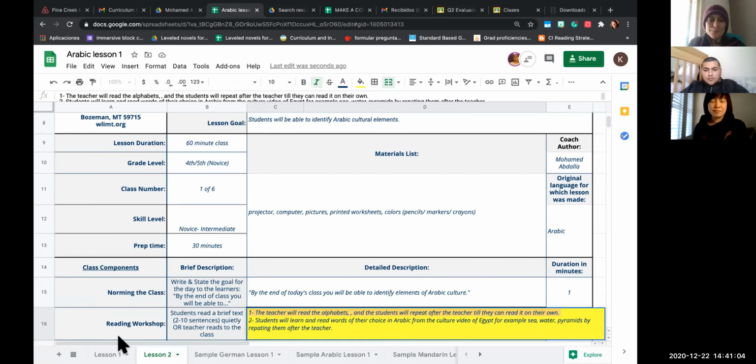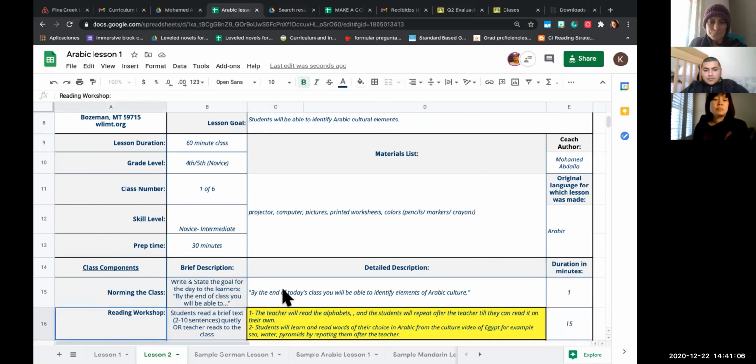This part here, reading workshop, is where we're suggesting and hoping that every lesson will have a tiny bit of reading in it. But in this case, with Arabic, it would be you reading to the kids, and then you tell them what it means. Or if you have kids that like to guess, they would guess. Does that make sense?